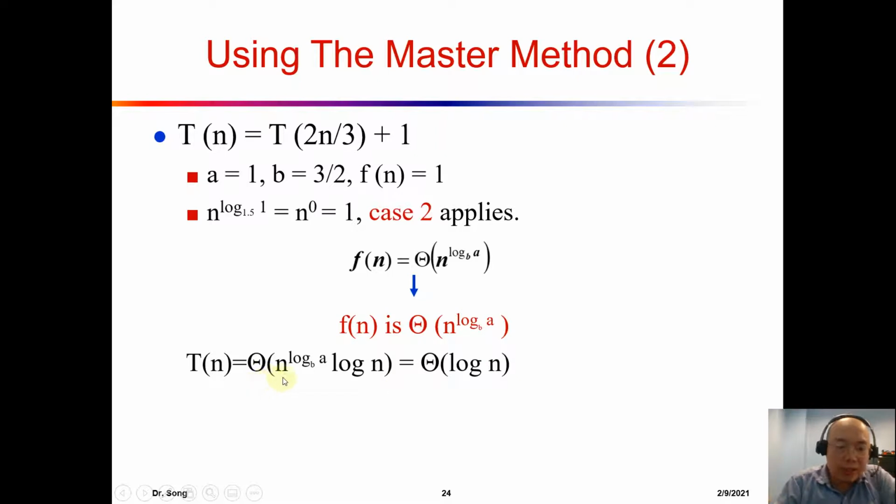So that is theta of n to the log_b a times log n. And for the n to the log_b a, that is a constant. So this is theta of log n. So this is the second case solved. And again, after we are able to figure out this is case 2, we just apply the master method, and then the recursion is solved.